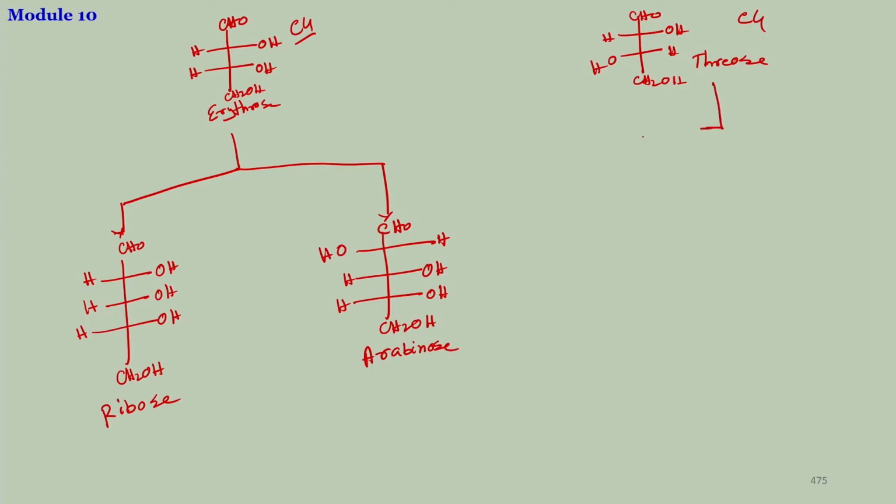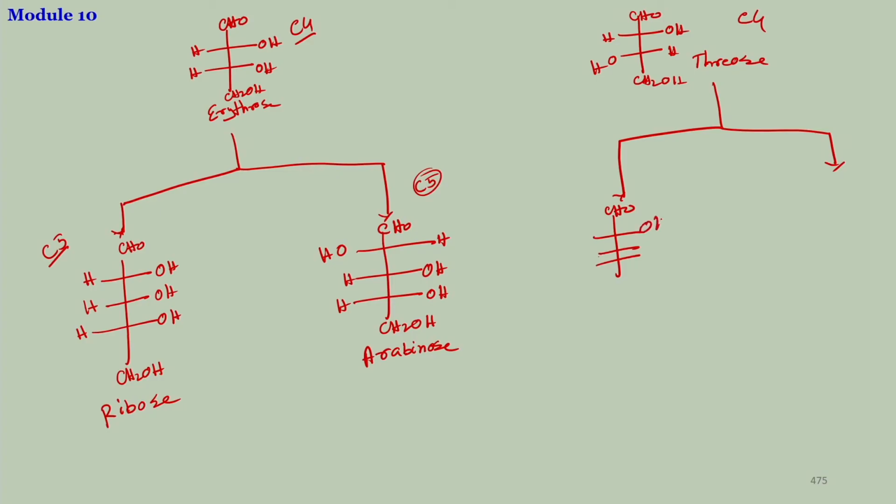Similarly, from threose you can draw two. This is your C5 that is evolving from erythrose. From threose, CHO, this is the new one.